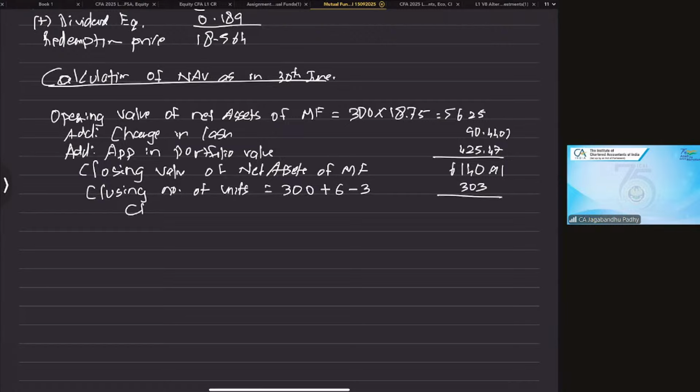So what is going to be the closing NAV? 6140.91 divided by 303 is 20.27. So that's the closing NAV after taking into account all other calculations.